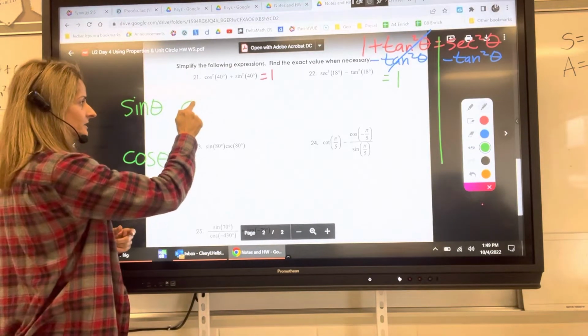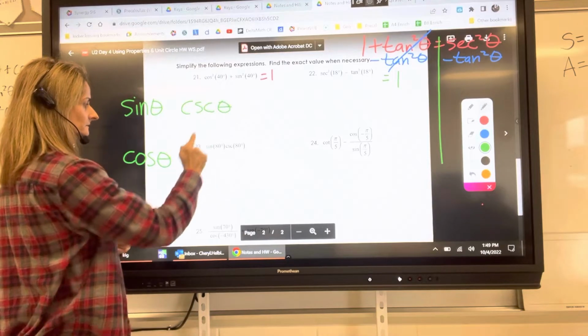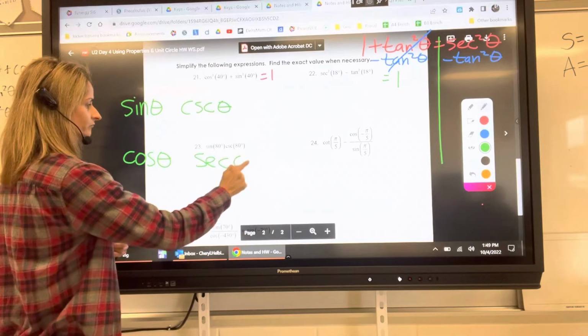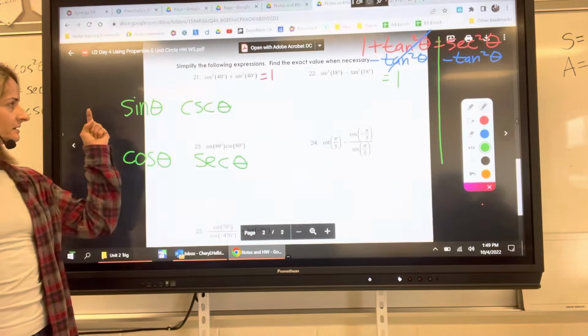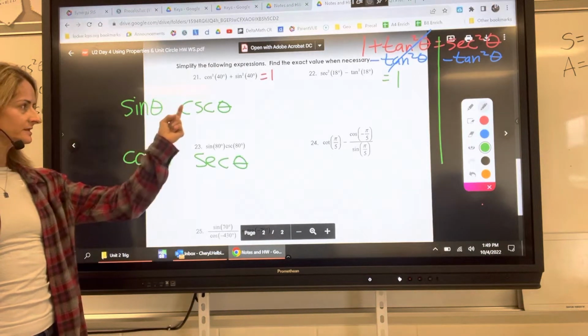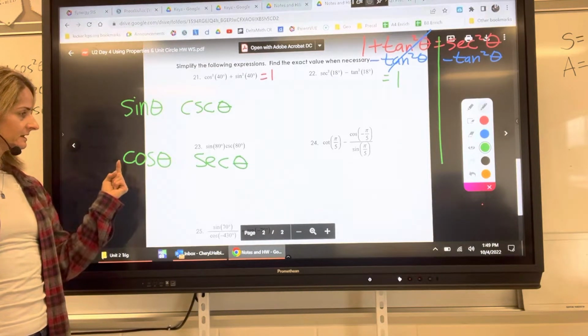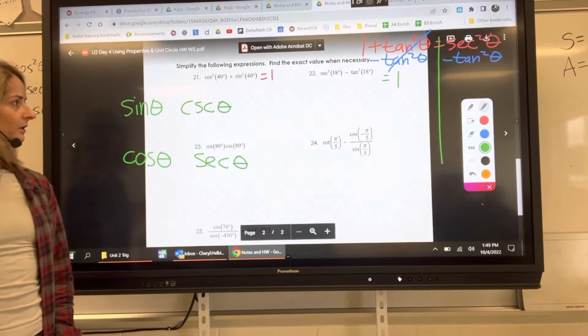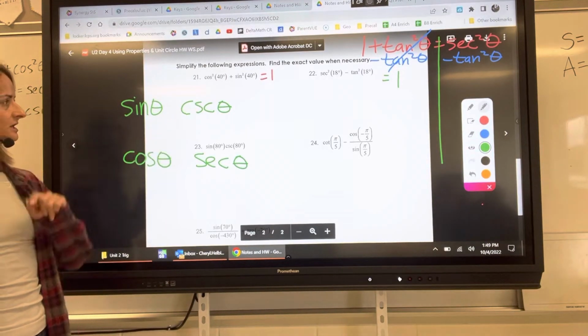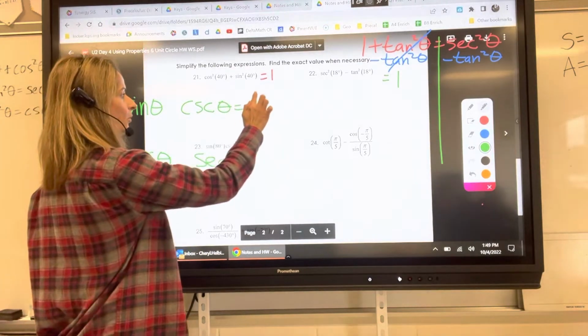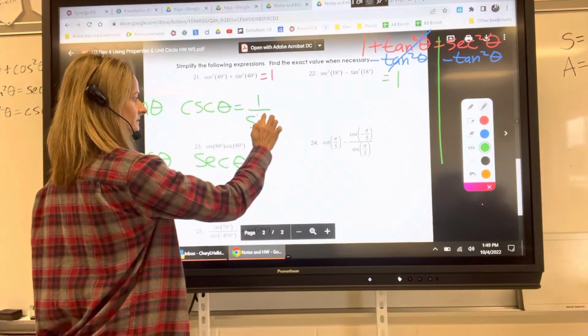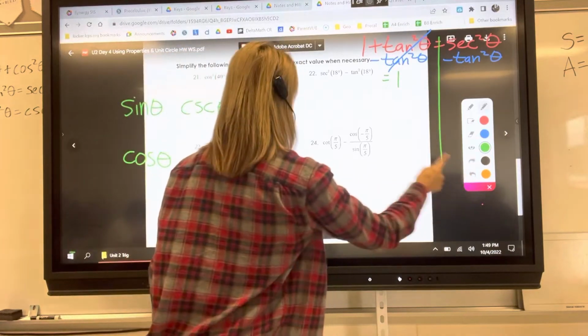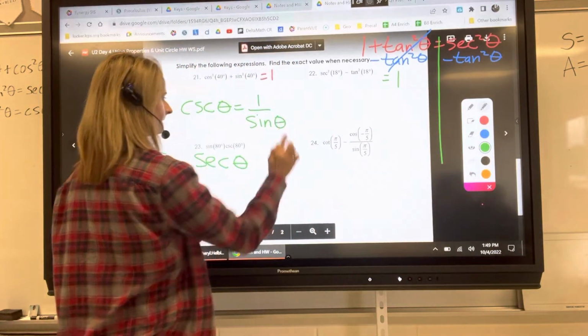The reciprocal here is cosecant, and the other one is secant. One way to remember that is notice sine starts with an S, cosecant starts with a C. Cosine starts with a C, secant starts with an S. They're opposite. They're reciprocals. So the cosecant is actually equal to 1 over the sine. So it's the reciprocal.